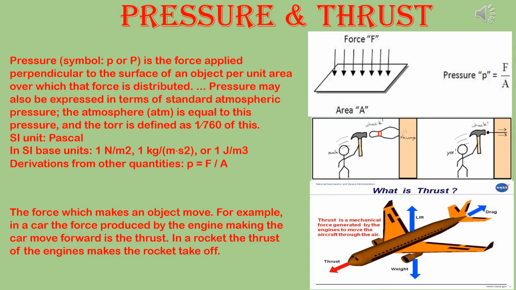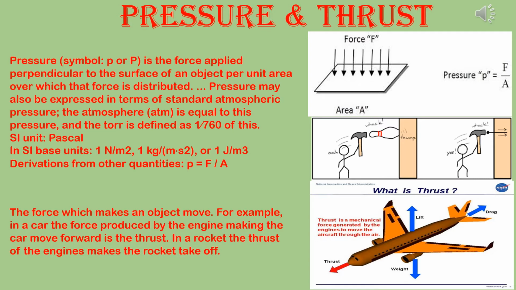P is equal to F by A. In the second diagram, a diagrammatical representation of pressure is there. But in the third diagram, it has been shown what is thrust. So thrust is basically a mechanical force generated by the engines to move the aircraft through the air.